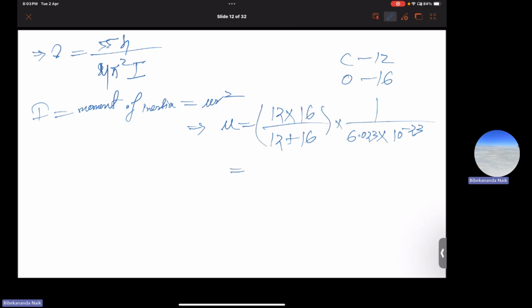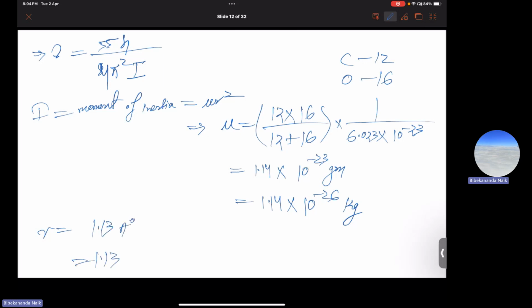Its value, if you calculate, will be 1.14 into 10 to the power minus 23 gram, which converted into kg is 1.14 into 10 to the power minus 26 kg. R is also given in the question. Yes, R is given. It is 1.13 angstrom, which is 1.13 into 10 to the power minus 10 meter.